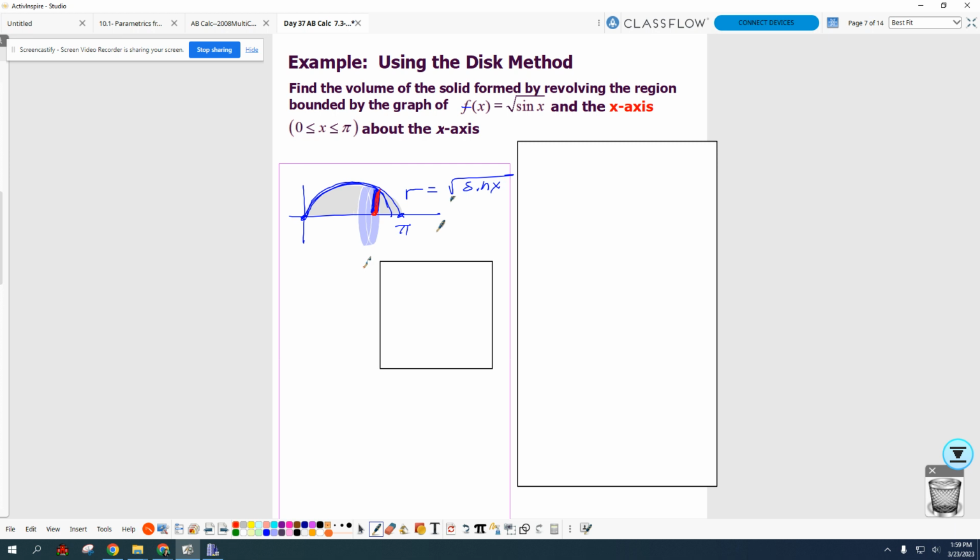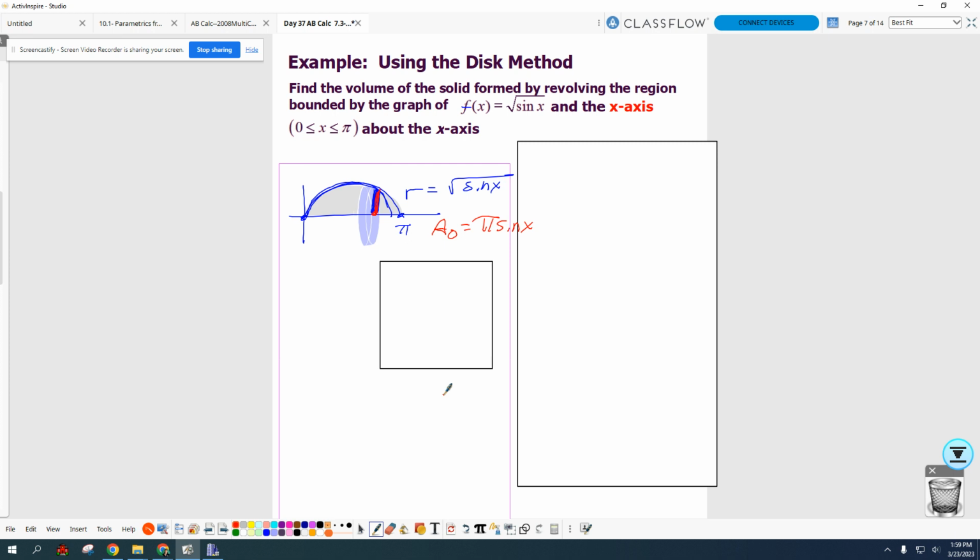So Roisin, what is the area of my cross section? Pi r squared, so if this is r, what's the formula? Pi times sine x. The square roots cancel, because square root of stuff times square root of stuff is just stuff.